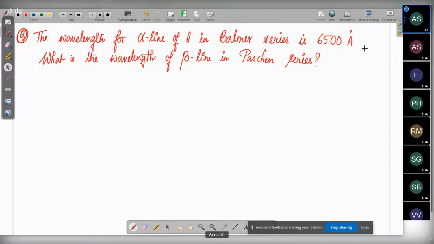So tell me how you are going to approach this sum. You have 2 minutes to tell the answer, or at least tell me how you are going to approach this sum. What should be the method by which you should be doing this sum?